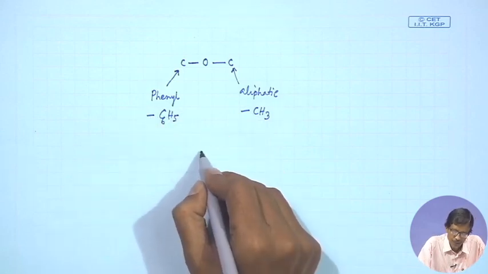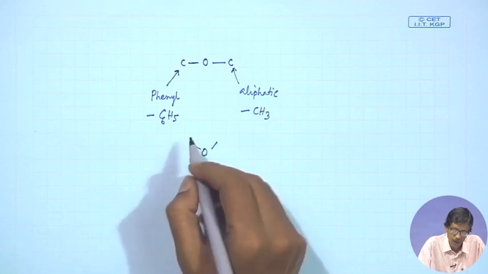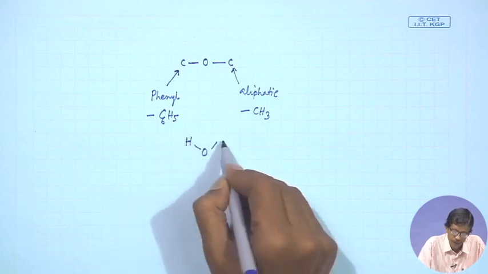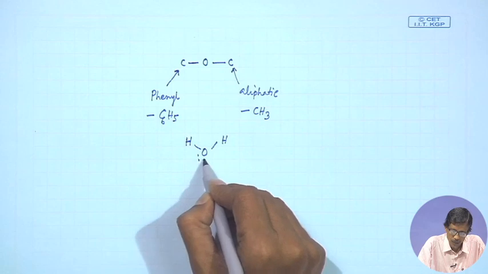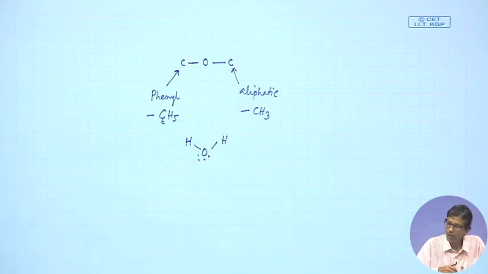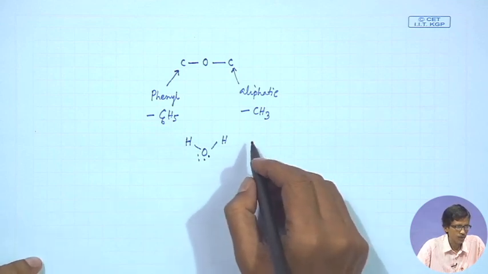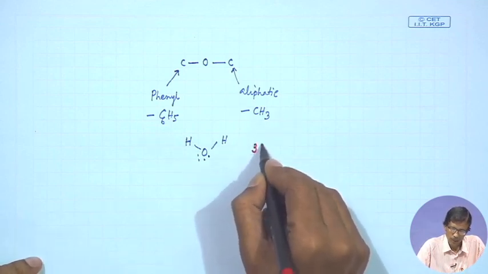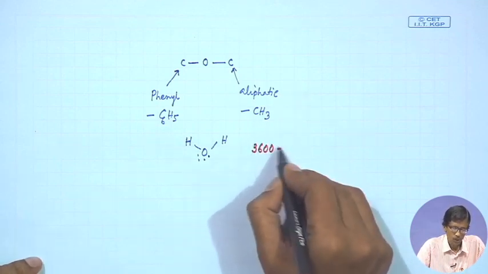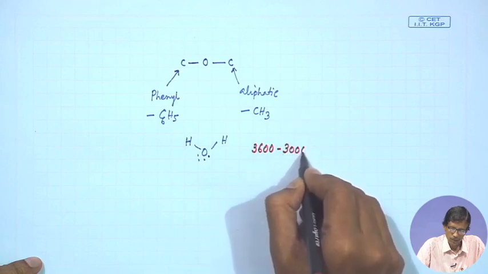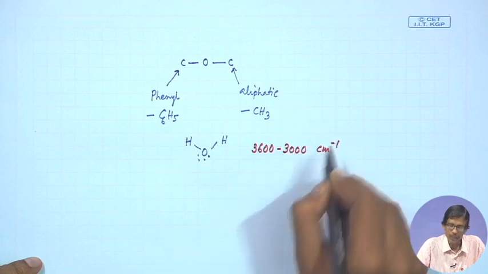So, if we simply compare this with our water molecule, we know that the characteristic OH stretching frequency comes around 3600 to 3000 centimeter inverse.